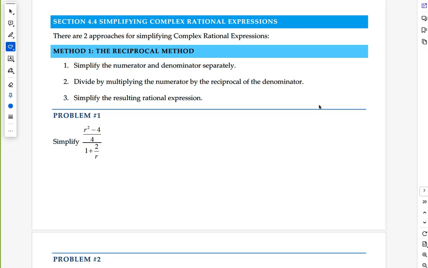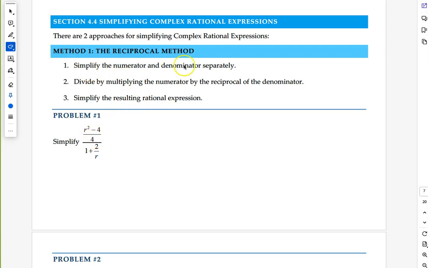Once we go through both, see which way works better for your brain, and then try to stick with it, because otherwise it's easy to get those mixed up in your head. Okay, so let's look at this first one here.